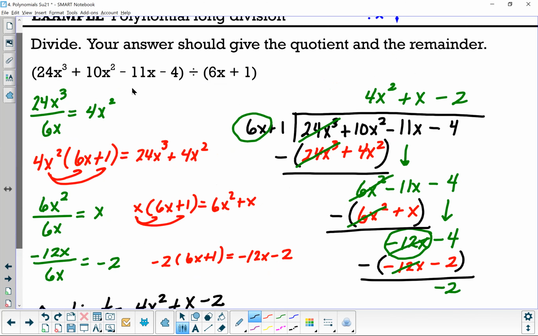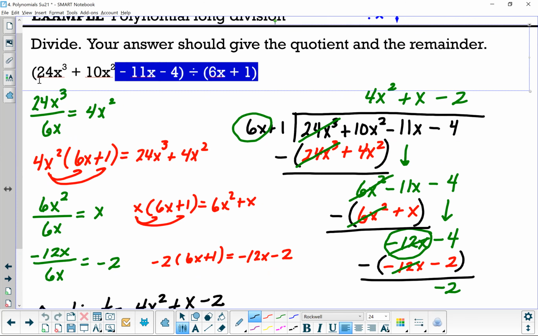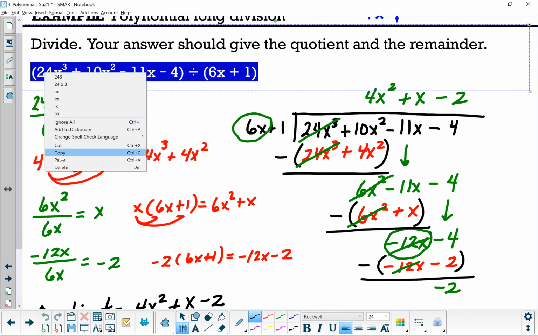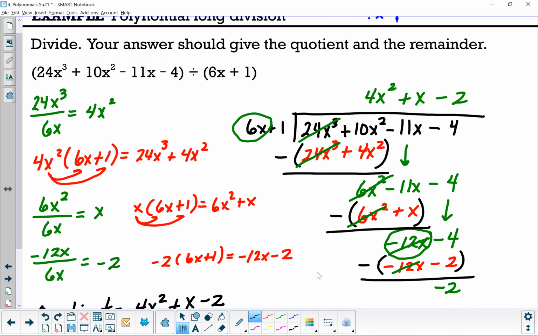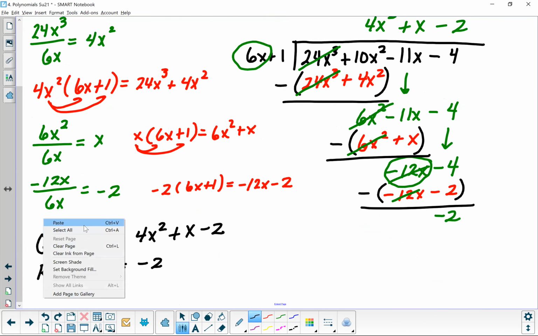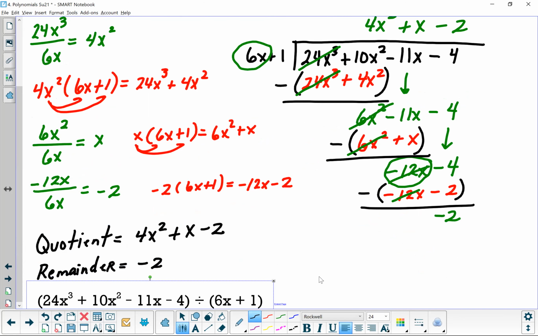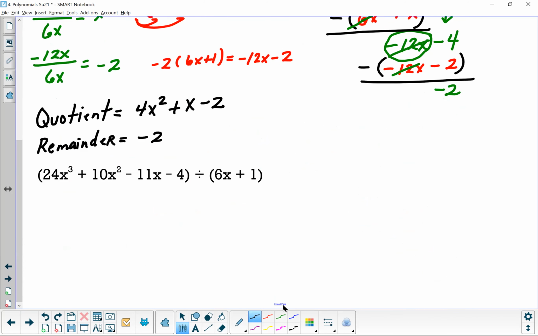All right, so if we take a look at our original question, we had 24x cubed plus 10x squared minus 11x minus 4 divided by 6x plus 1. We know that is equal to, in total, our quotient, which is 4x squared plus x minus 2 plus our remainder over the divisor.